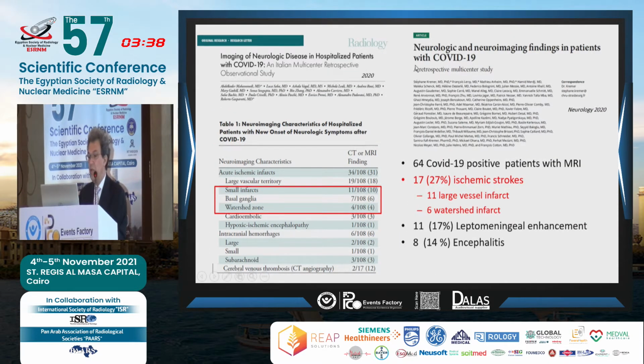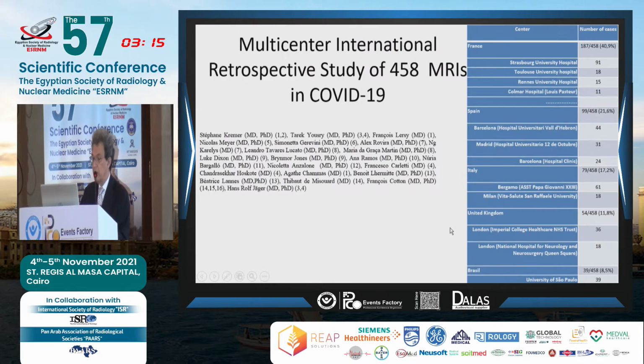And if you then look from an infarct point of view, the neurological and neuroimaging findings in patients in 64, over 25% had ischemic strokes, quite a large proportion large vessel infarcts or border zone infarcts, and another important proportion had leptomeningeal enhancement or encephalitis.